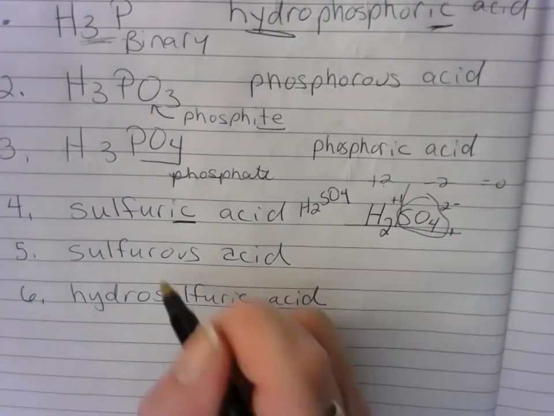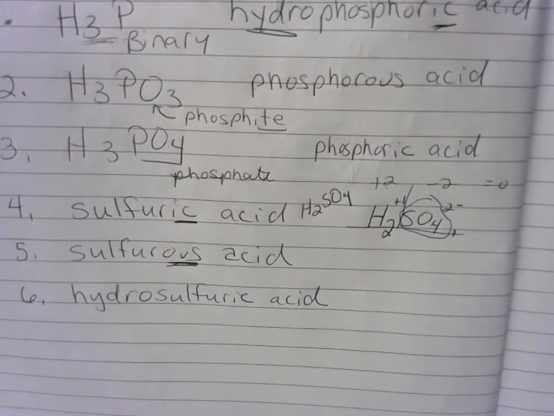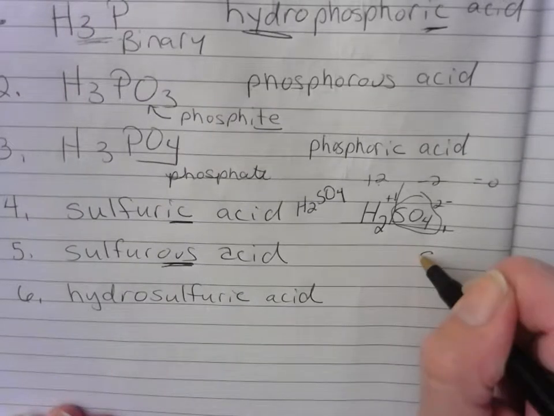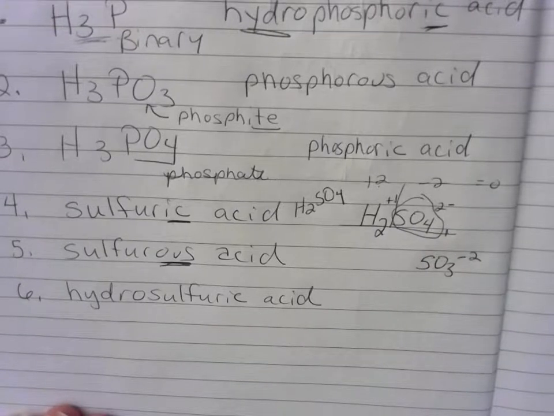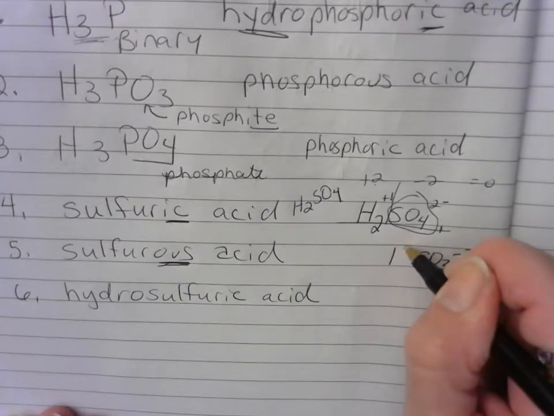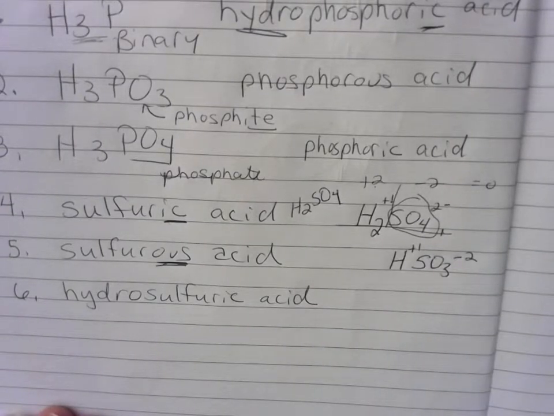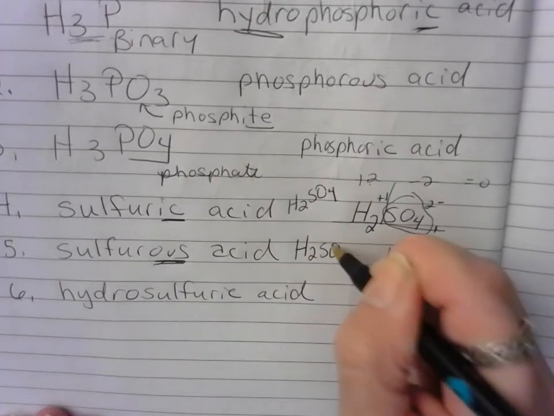Alright, this is sulfurous acid. There's no hydro, so I know it's polyatomic, and it is the ite version. So the sulfite version, this is SO3 with a -2 charge. We have to have hydrogen cation with a +1 charge. When we balance out these charges, just like we did above, the formula is H2SO3.